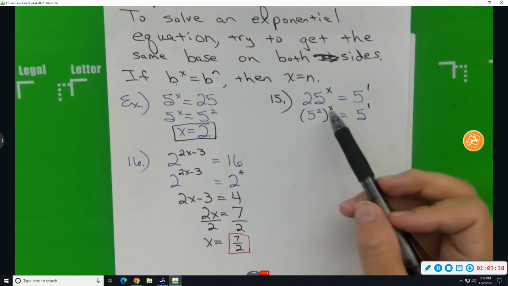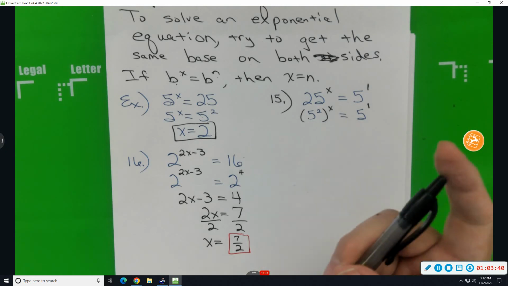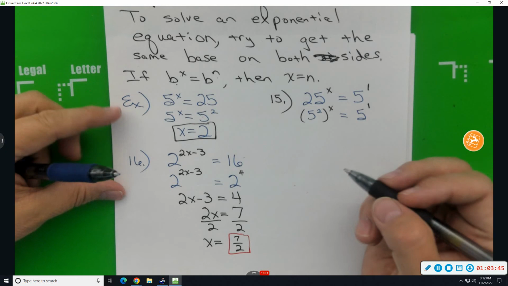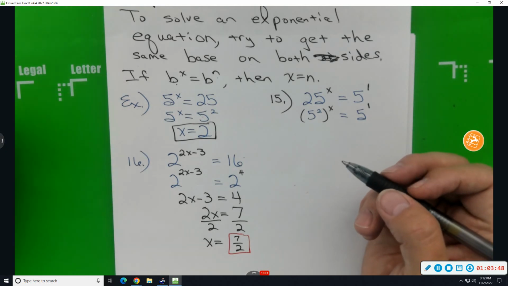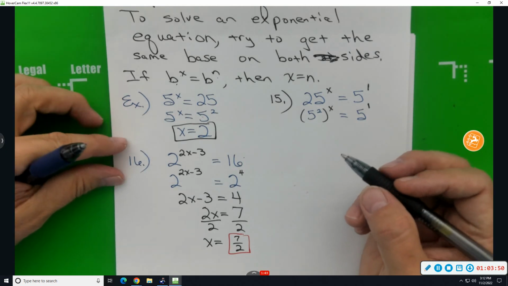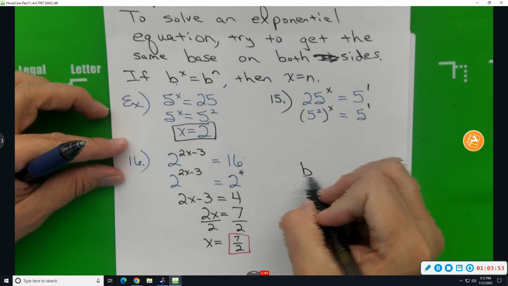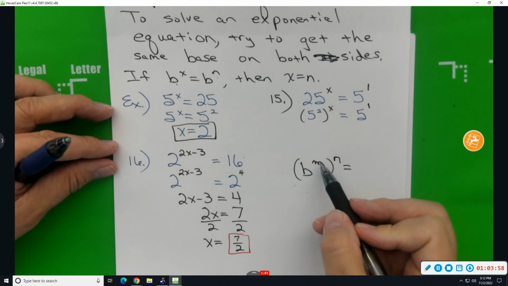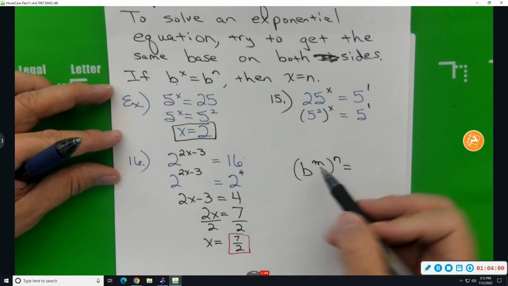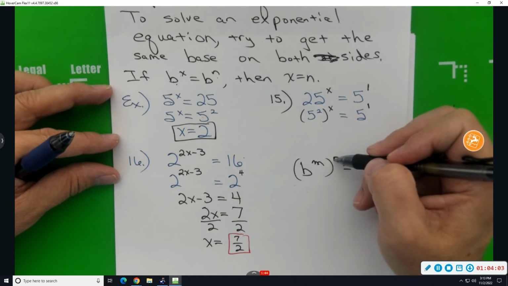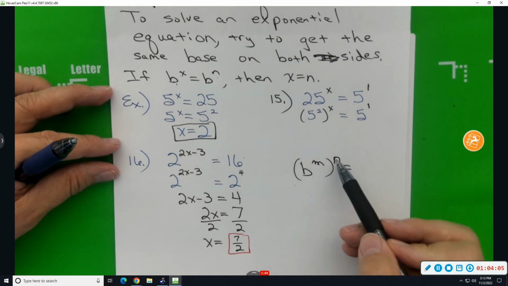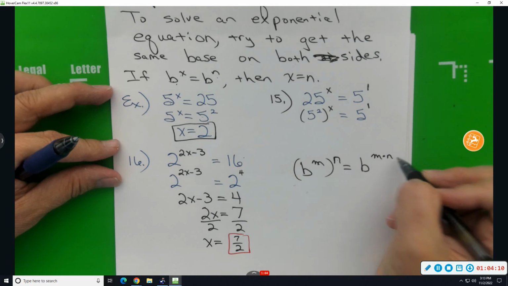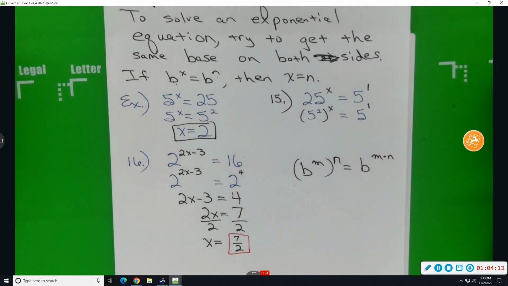And now we have a power raised to a power. Have you stated this as an exponent rule yet? No? Okay, then I need to remind y'all of something called the power rule of exponents. The power rule of exponents says if you have a power raised to a power, b to the m raised to the n, you multiply to write it as a single power, m times n.